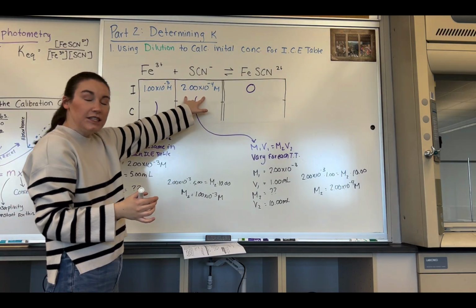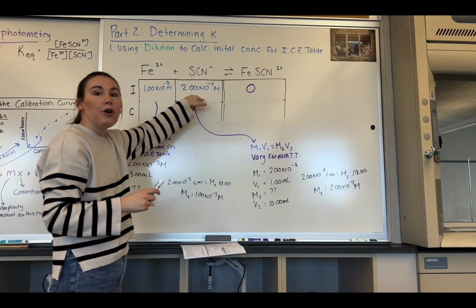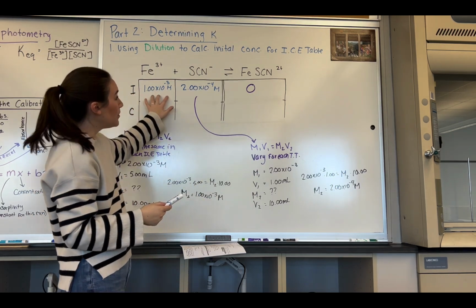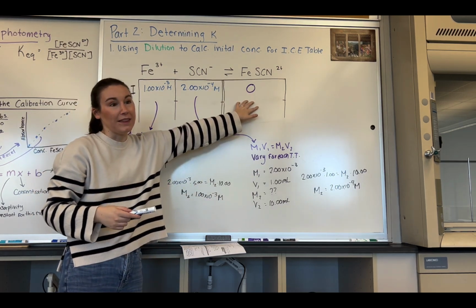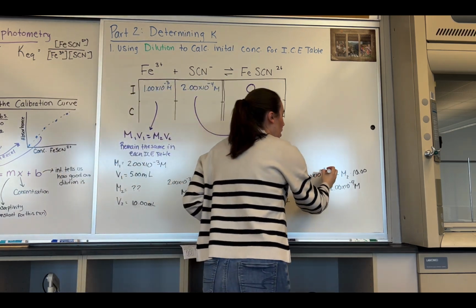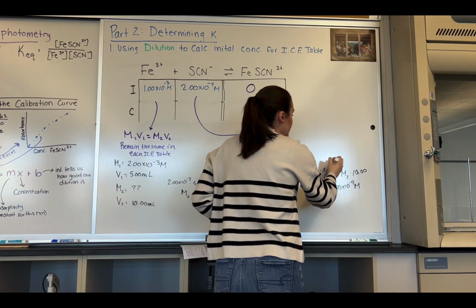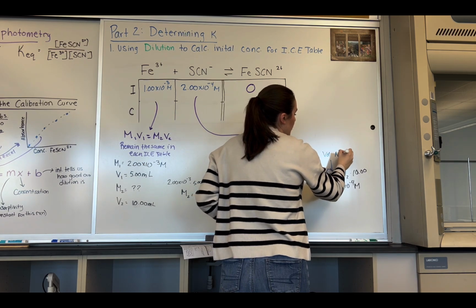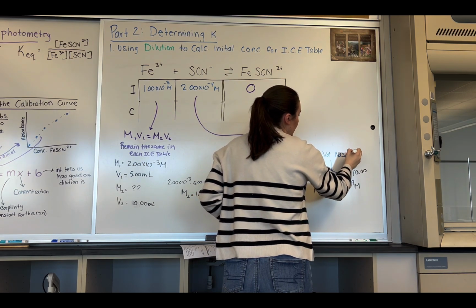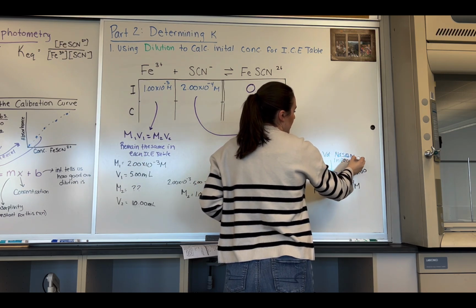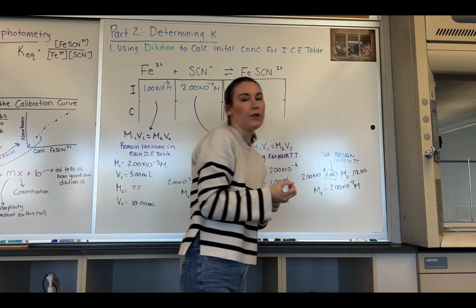Again, this is the only portion of the I row that is going to change in all of your ice tables. This will remain the same, and this will remain the same. This will change. How is it going to change? The only number that changes is the volume of that sodium thiocyanate, SCN, in each test tube, just like we did in part 1.